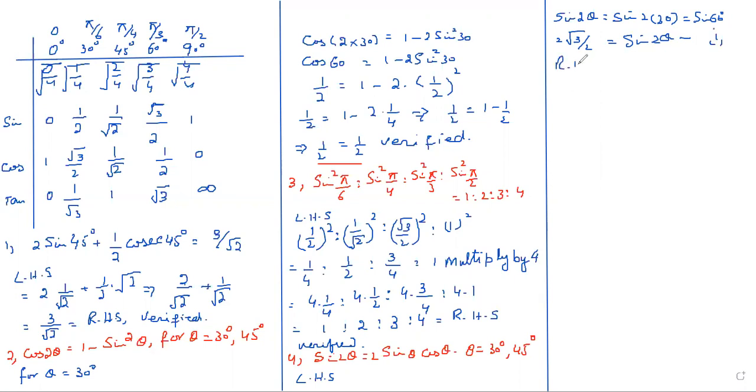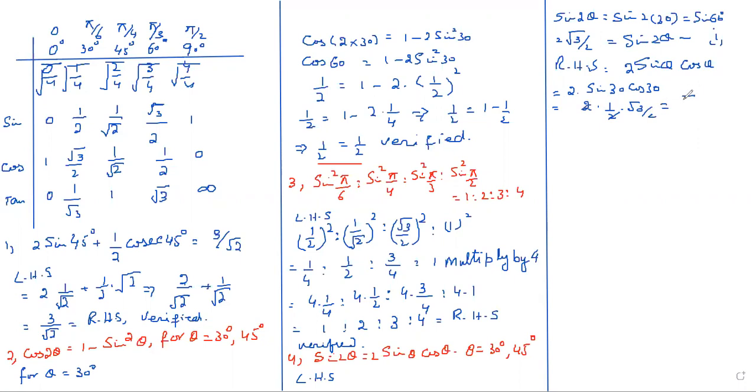Right hand side: we have 2 times sine theta cosine theta, which is equal to 2 times sine 30 cosine 30, which is equal to 2 times 1 over 2 times root 3 over 2. 2 got cancelled with 2.